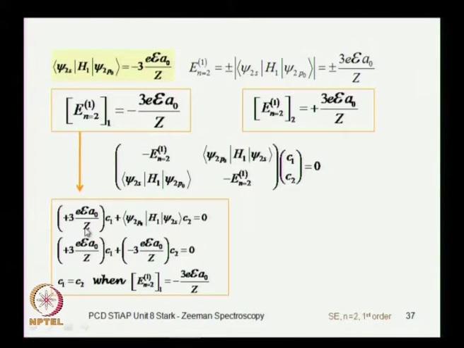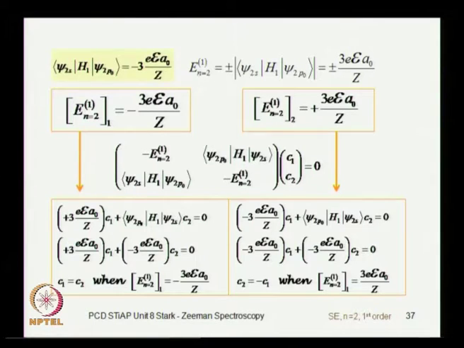Since this matrix element also has got a minus sign, this equation can be satisfied only if C1 and C2 are equal. So, C1 must be equal to C2. This is a linear superposition of two states, the 2s and the 2p0, with equal weights and the same sign. Obviously when you normalize them, they will each be equal to 1 over root 2.